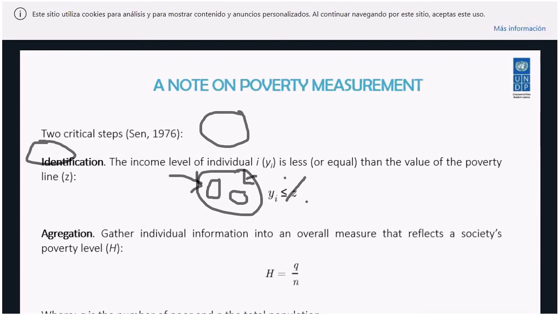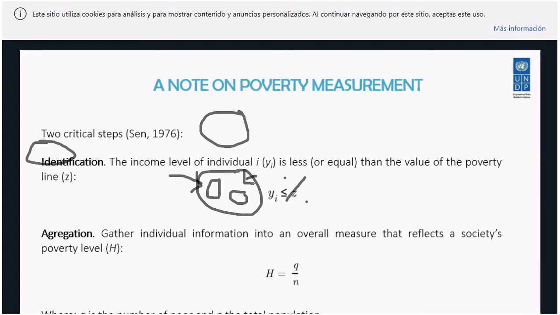Sen just discussed identification and aggregation to set the stage for a discussion of poverty indices that meet some desirable criteria. So we will discuss this in another virtual course.